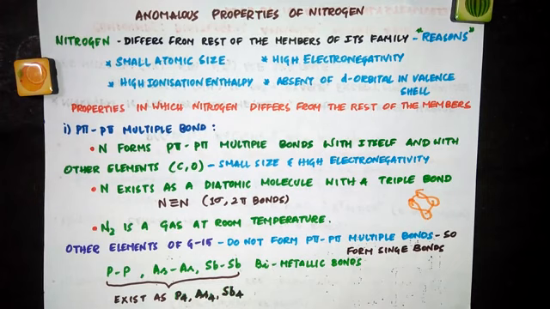So we are seeing the anomalous properties of nitrogen. The first one, it is capable of forming p-pi multiple bond because of its small size and high electronegativity. So nitrogen forms these multiple bonds with itself and also with other elements like carbon and oxygen.